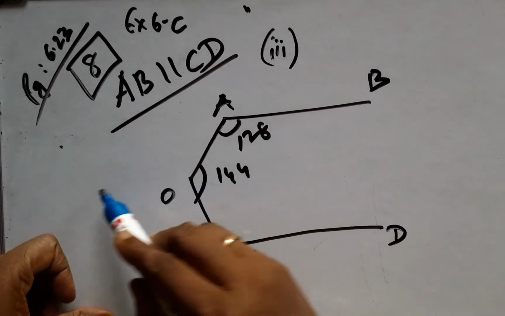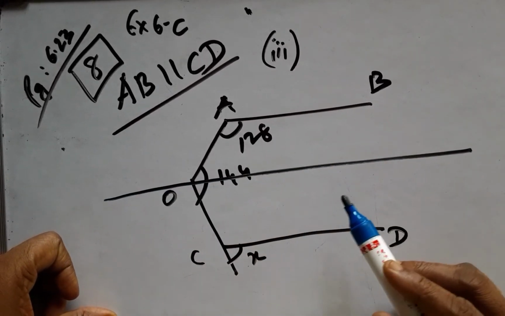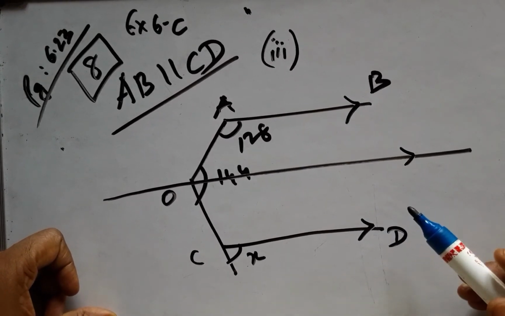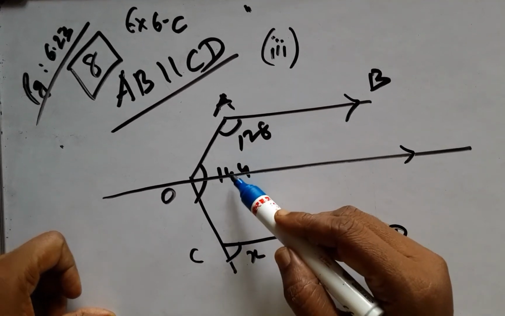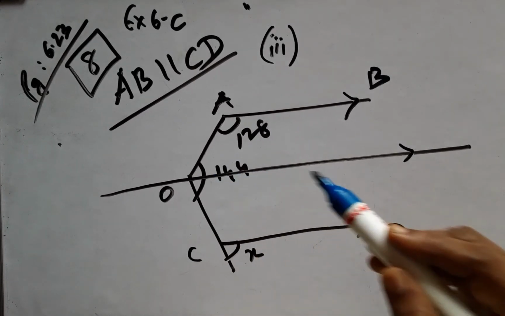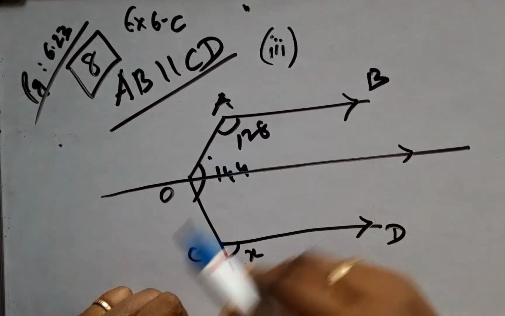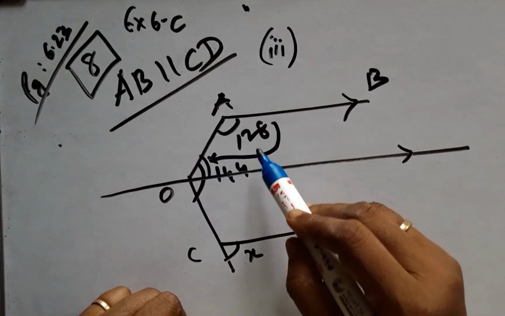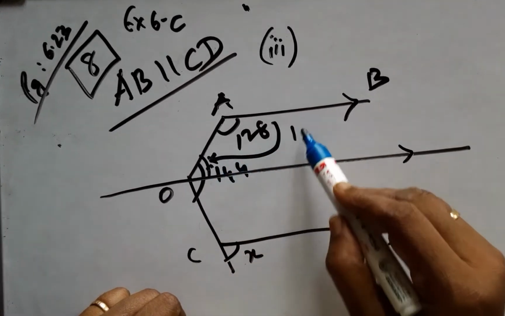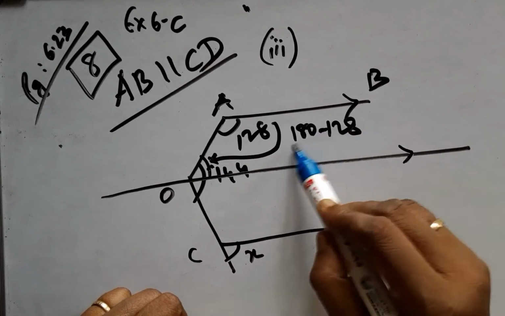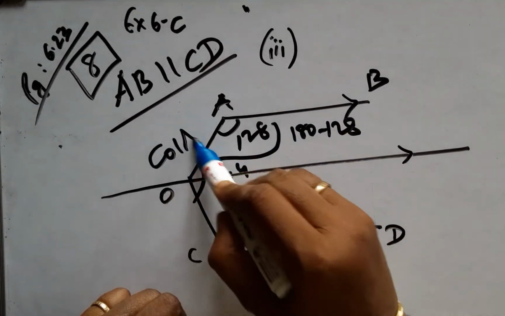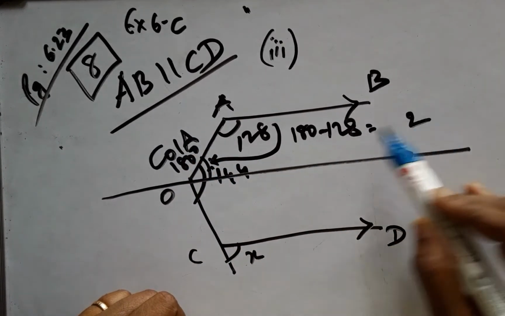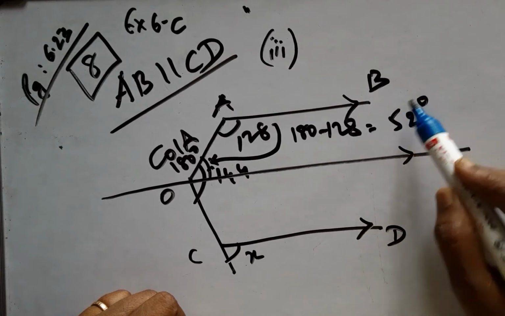Now an extension of the same logic. I will go about it with another parallel line, and these three are supposed to be parallel to one another, and as you can see this has been joined and clubbed together. But I know this value because these two are co-interior angles, therefore I can arrive at this angle by saying that it is nothing but 180 minus, because co-interior angles are supplementary. This is the rule I'm following here, and therefore this part is 52 degrees.